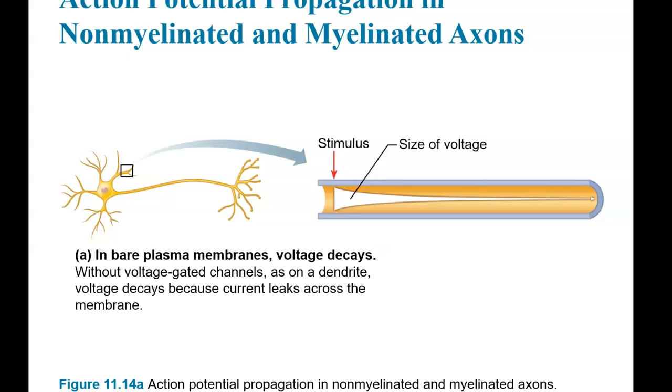If you look at an area that's not at the axon, so another process like the dendrites, these are areas without voltage gated channels. So the voltage decays because the current leaks across the membrane. So no action potentials occur at the dendrites.